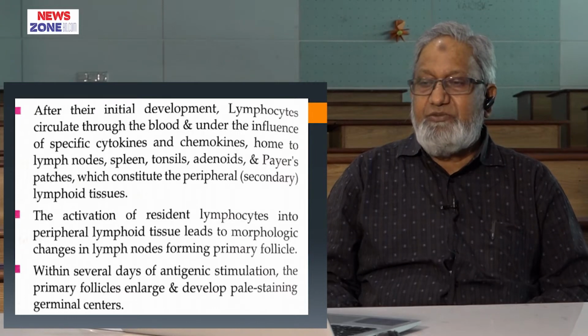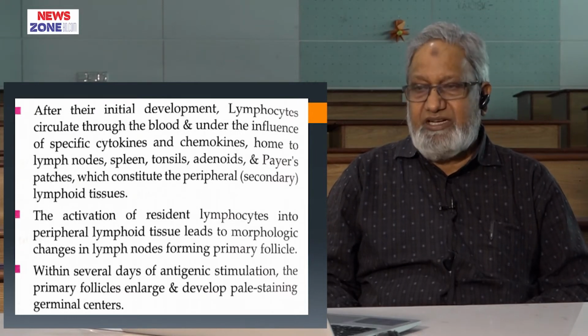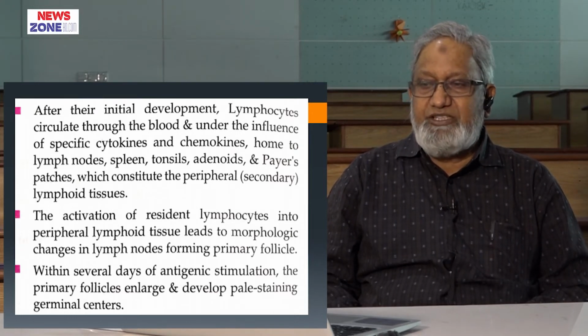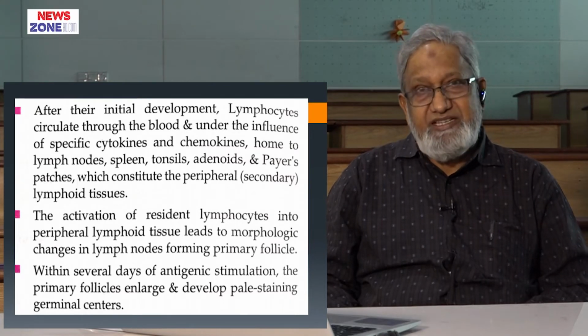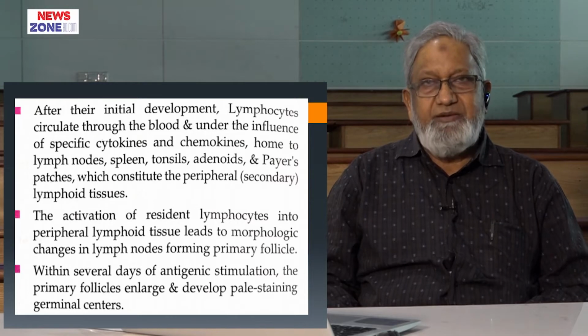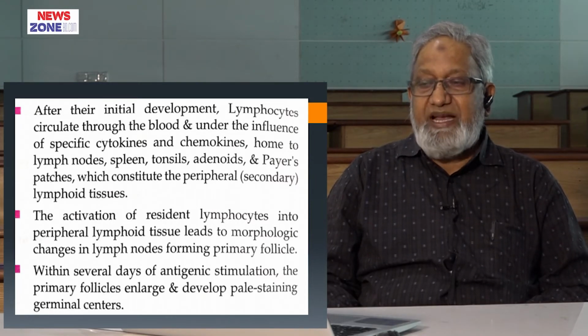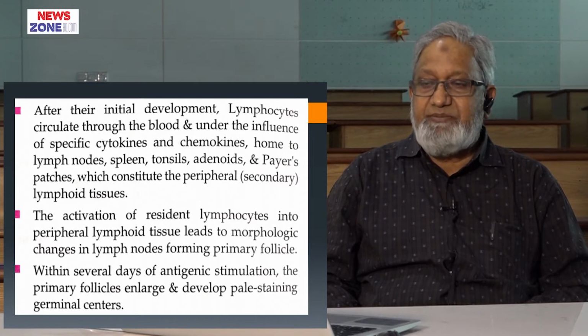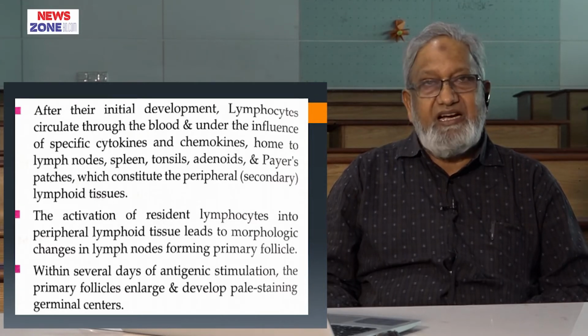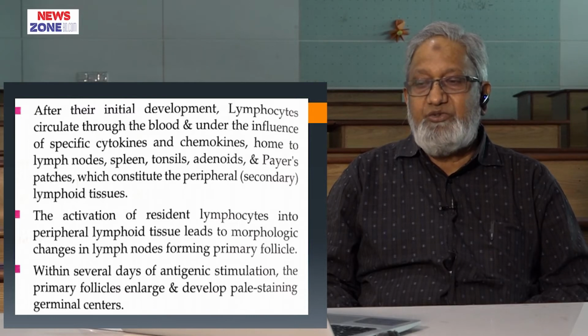The activation of the resident lymphocytes in the peripheral lymphoid tissues leads to morphologic changes in the lymph nodes, forming primary follicles, and within several days of antigenic stimulation, the primary follicles enlarge and develop into germinal centers.